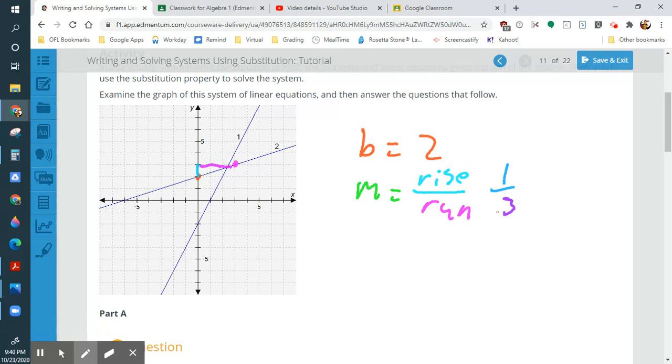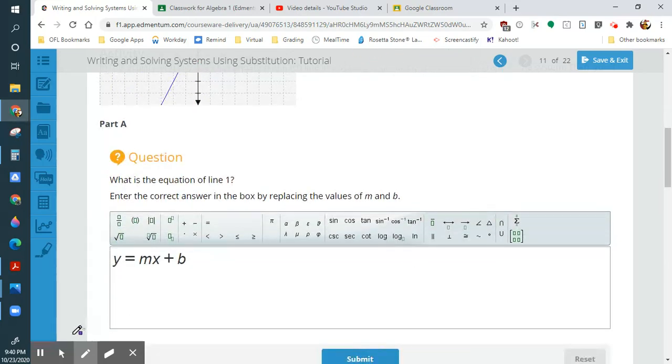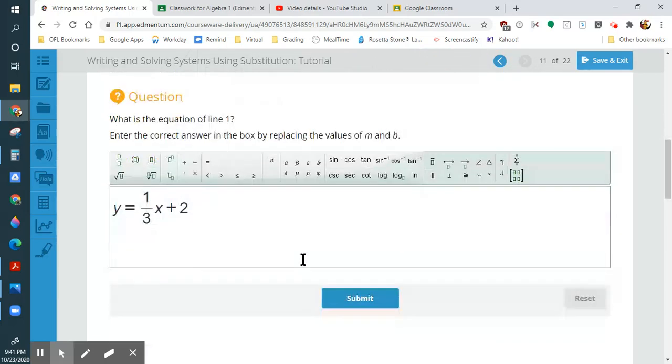All right, so that's probably going to be the only time I go into that much detail, but that's how you figure out your rise over run. I'm sorry, the colors didn't match. So what I'm going to do here is get rid of this m and replace it with a fraction, and that fraction is going to be 1/3. Now I need to plug in my intercept, and that's going to be 2.